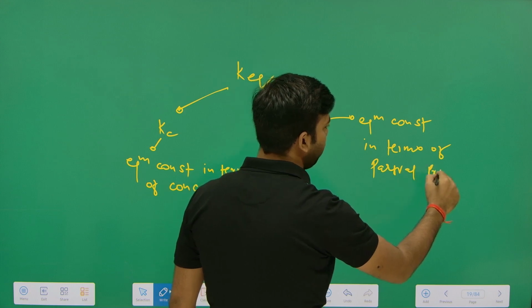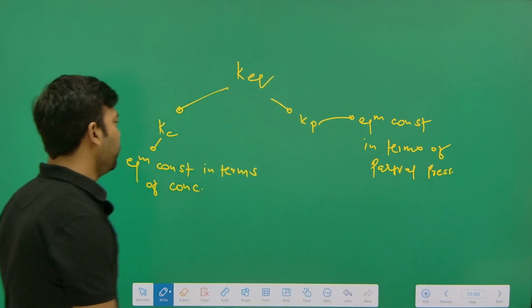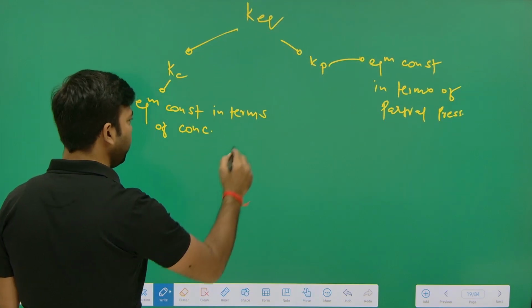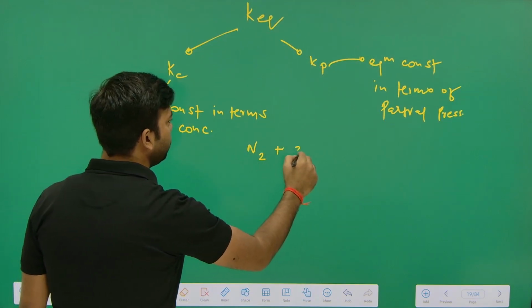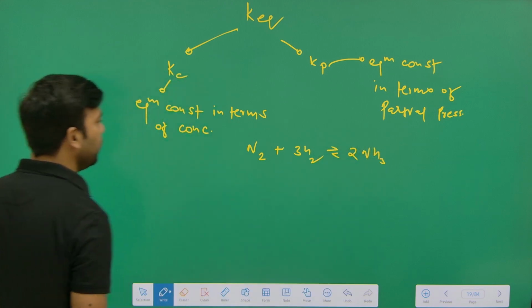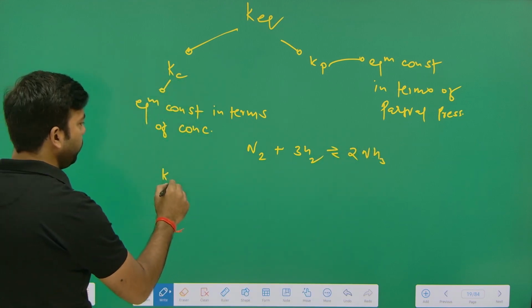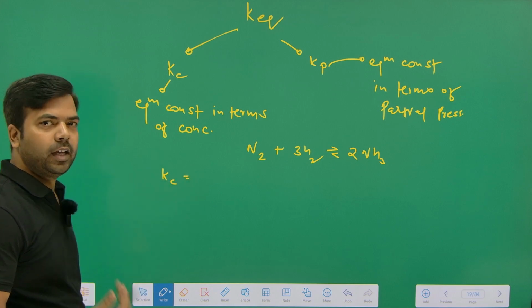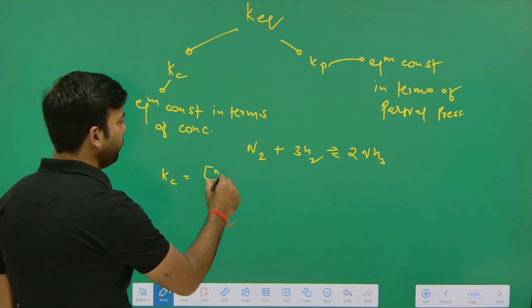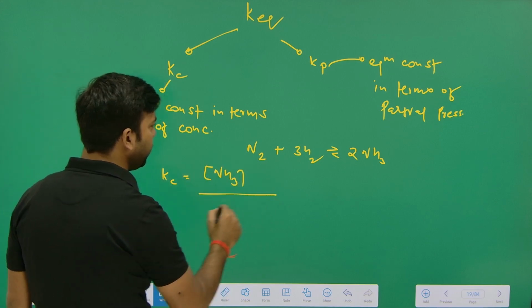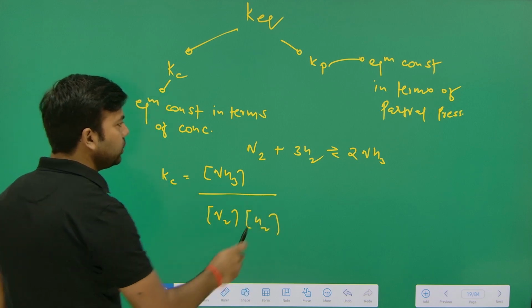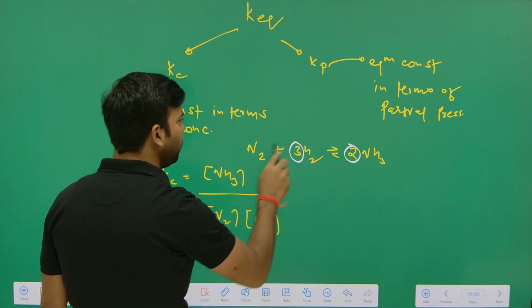Let's discuss an example. Suppose we have a reaction N2 plus 3H2 gives 2 ammonia, and I am going to write the Kc and Kp for this. So Kc is same like K equilibrium, concentration of product divided by reactant. So product is my ammonia, reactant is my N2, and hydrogen also. Look at this stoichiometry. Here we have 2, here we have 3, and here nothing.